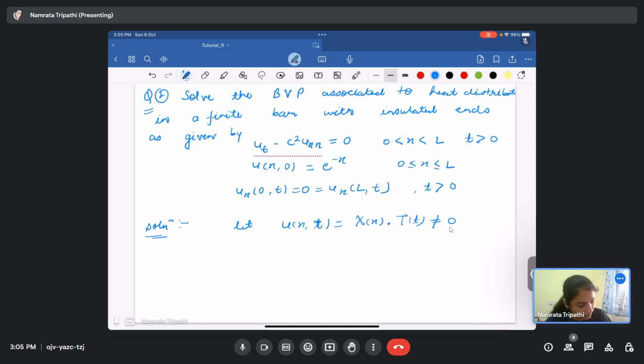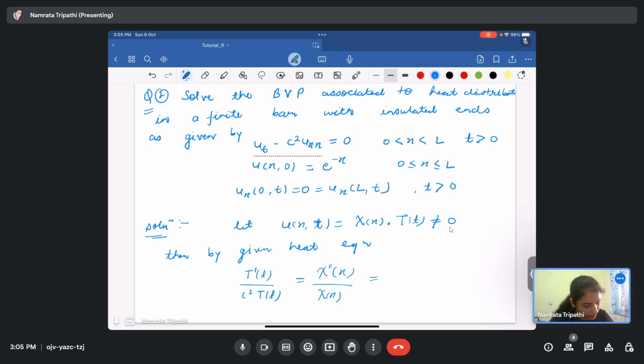So we can write by the given heat equation, T dash upon c squared T. Let us suppose this is equal to lambda, a constant.